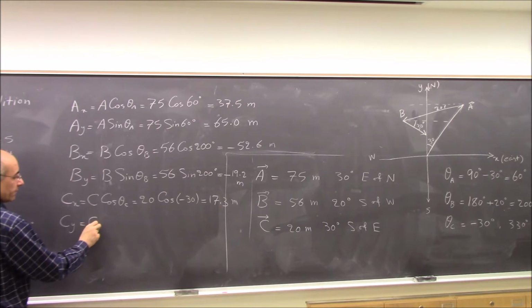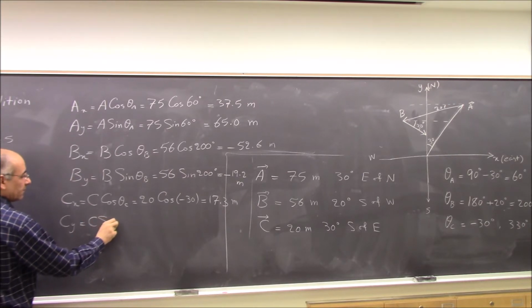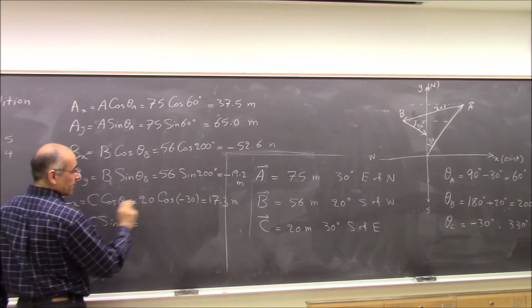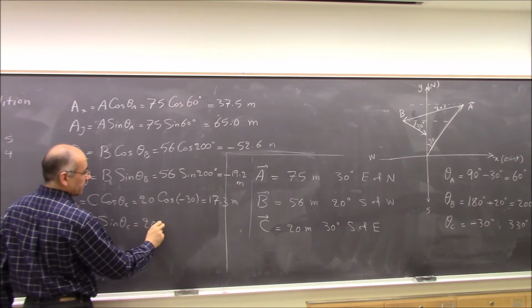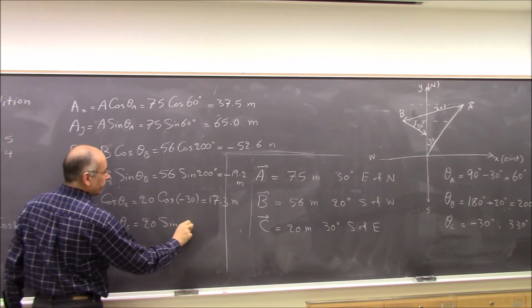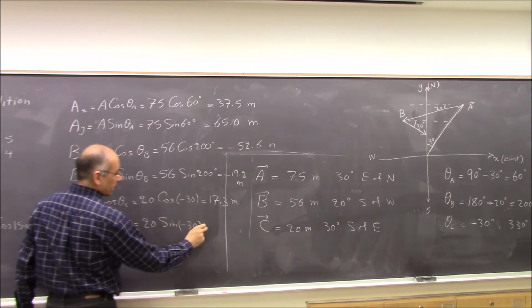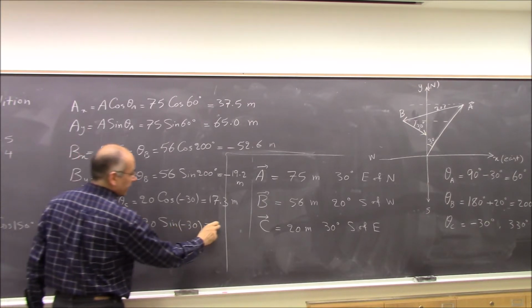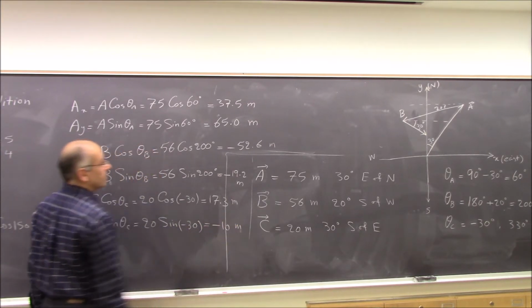And the y component of C is C sine theta C, which is 20 meters, sine negative 30. Sine negative 30 is negative 1/2, so it becomes negative 10 meters, right?